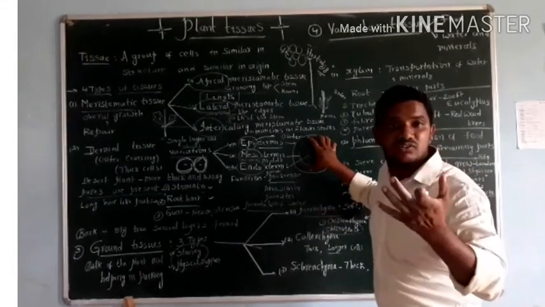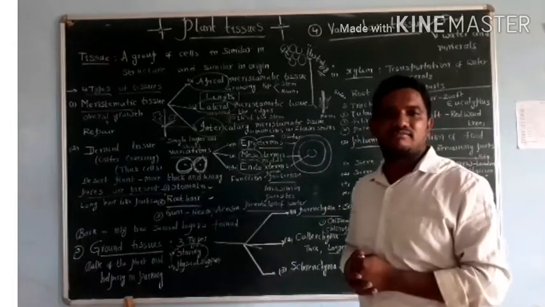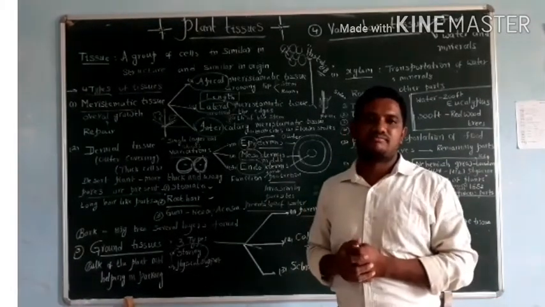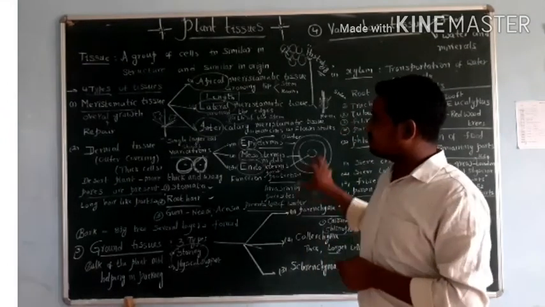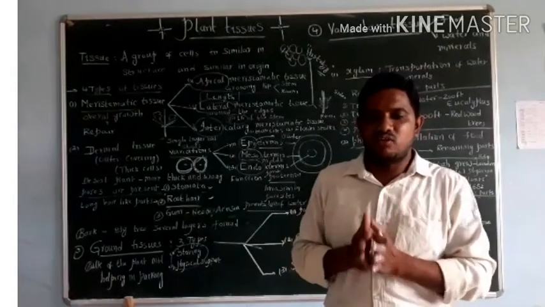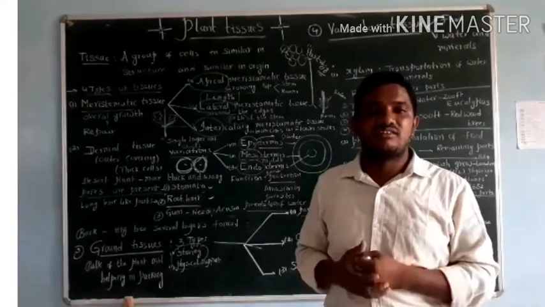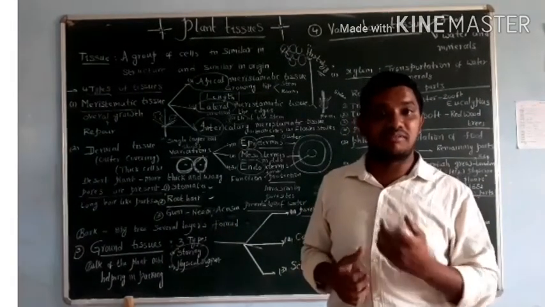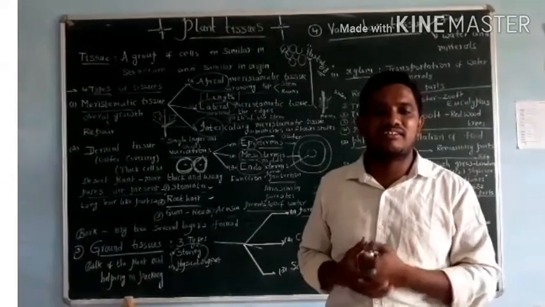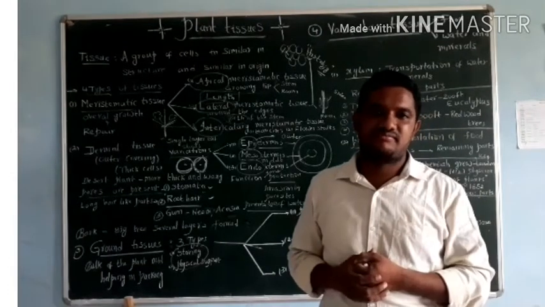When we see dermal tissue, it is a single layer of cells, but three variations are there. For example, take one human being. When we go through different situations, we behave sometimes like a human being, sometimes like a tiger, sometimes like a cat, sometimes like a very dangerous person.